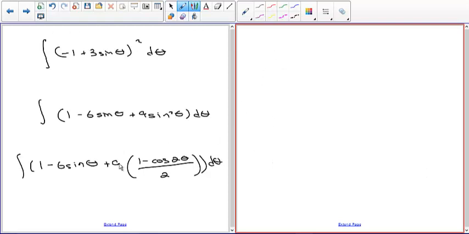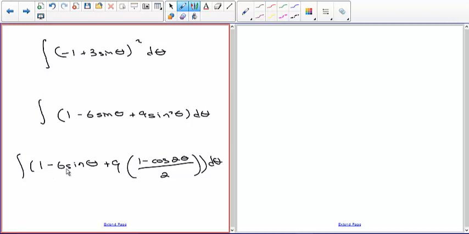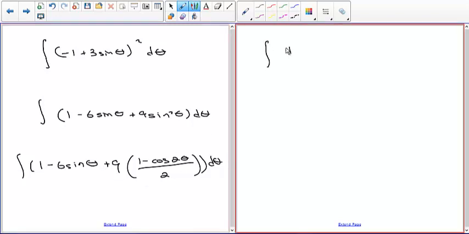So actually we can take 1 plus 9 halves. That'll give us a constant. So 1 plus 9 halves, that's 11 halves. So we'll have 11 halves minus 6 sine theta minus 9 halves cosine 2 theta, all times d theta. Okay, I think that's right.